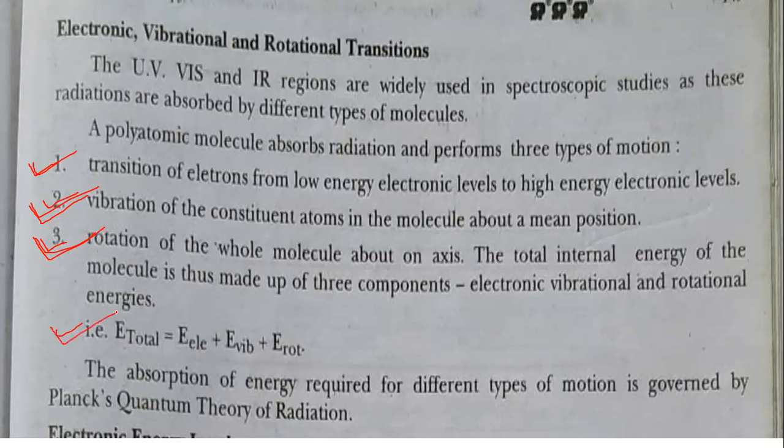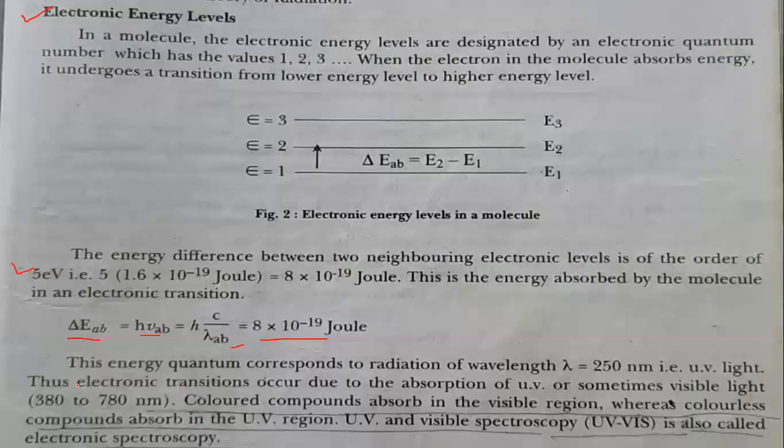So total energy is given by E electronic plus E vibrational plus E rotational. According to Planck's quantum theory, the radiation or energy is transferred in the form of quanta, in the form of bundles. That is not a continuous process; it is a quantum process.